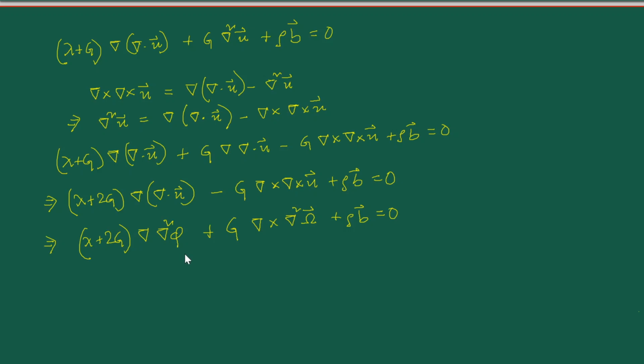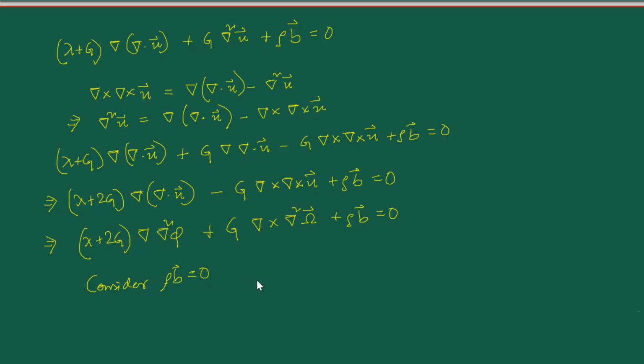However, consider a special case, even more special than this: rho b equal to 0. This is a very special case. When you have rho b equal to 0, you'll see that certain simplifications are possible, and then we'll be able to appreciate the benefit of going down this route.